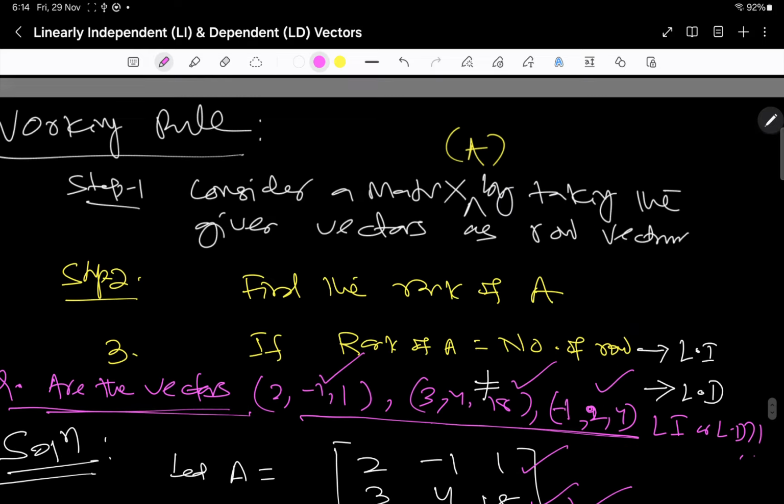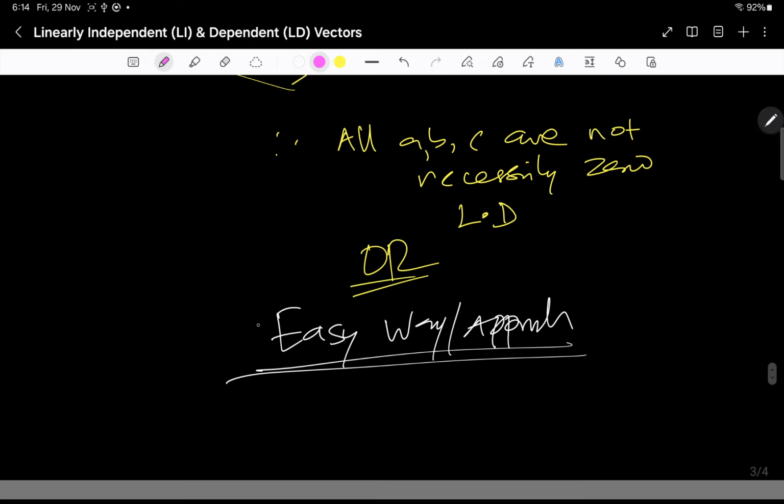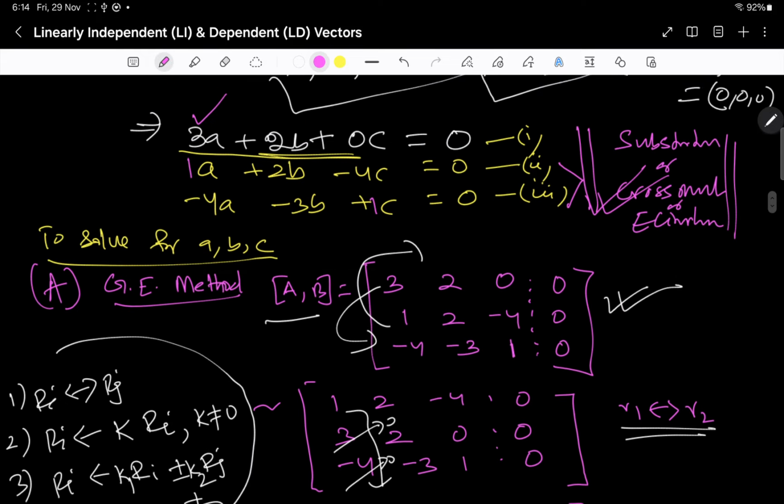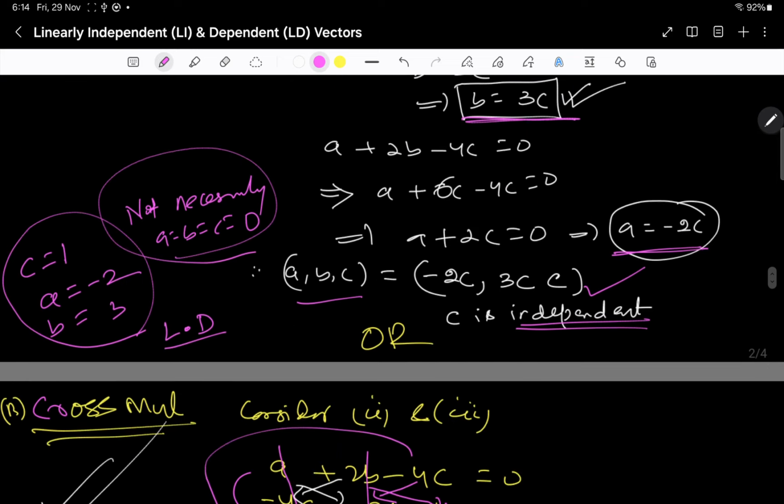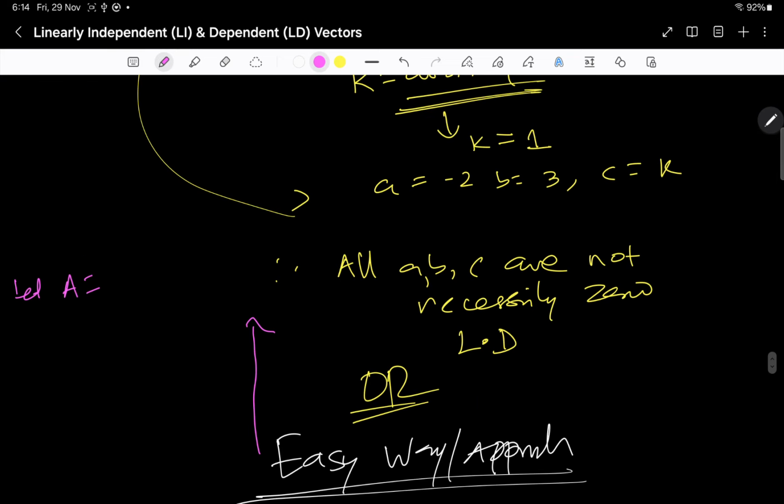But if I adopt this same technique over here, what is my A? Here A will be 3 1 minus 4, 2 2 minus 3, 0 minus 1 4, 0 minus 4, and 1 0 minus 4 and 1.